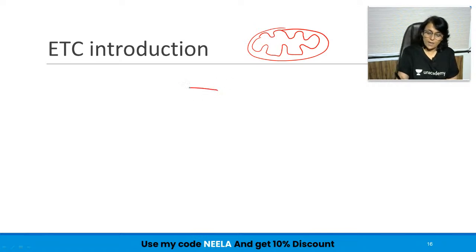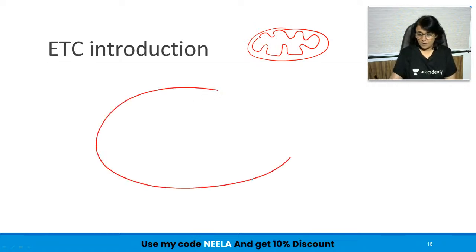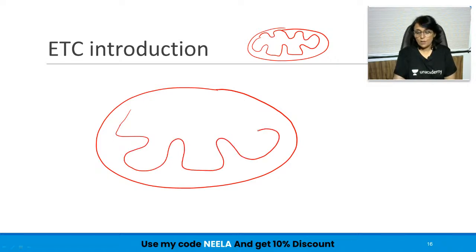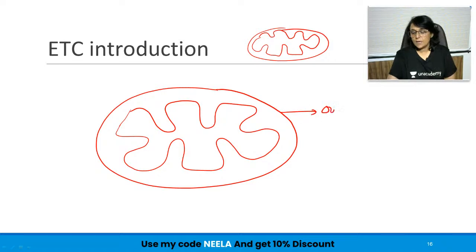Suppose we make a big mitochondria, to understand what is happening and which reaction takes place where. Let me label this. This is the outer membrane.